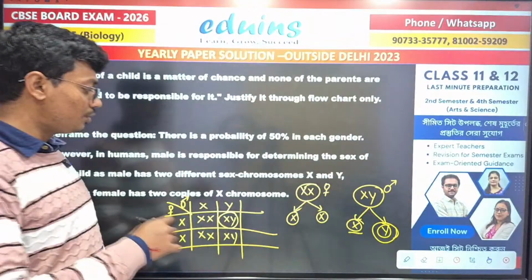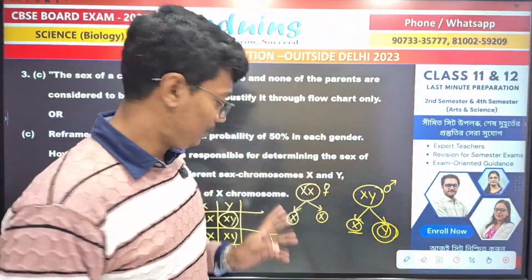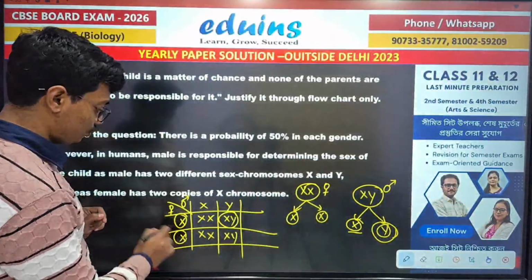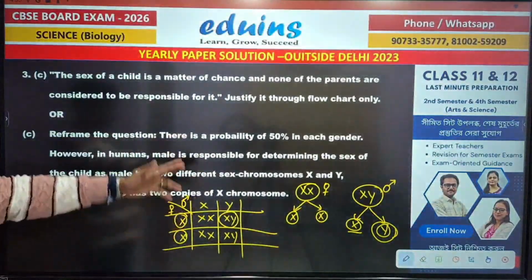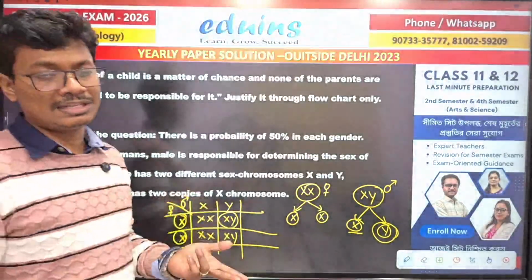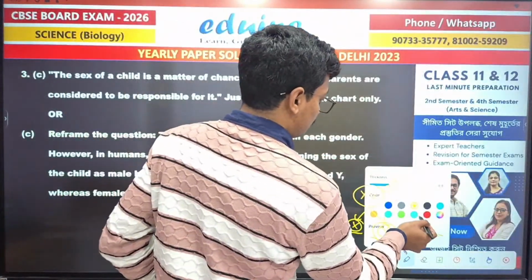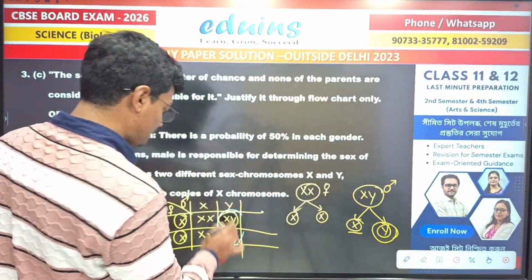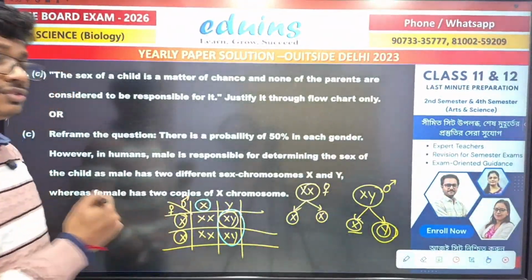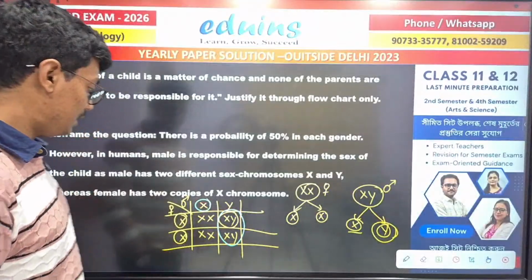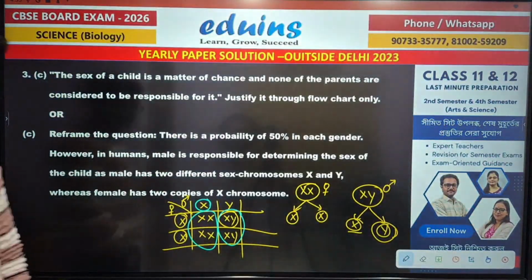So when the Y chromosome pairs with the X chromosome of the mother, because the mother produces only X chromosomes, the Y chromosome of the father fuses with any X chromosome of the mother and will give rise to a son. And when the X chromosome of the father fuses with any X chromosome of the mother, it will give rise to a female or the daughter.